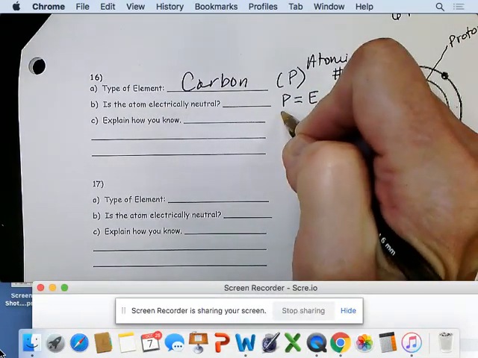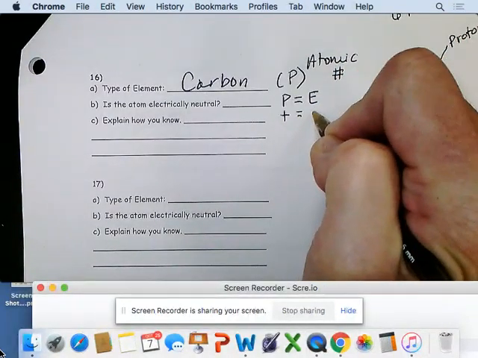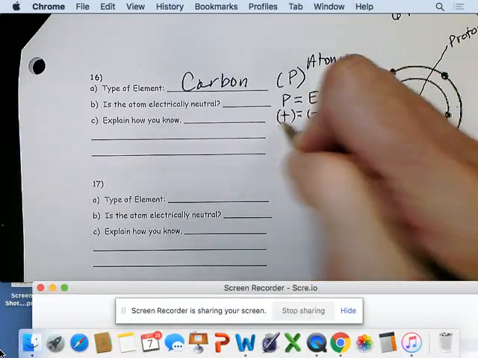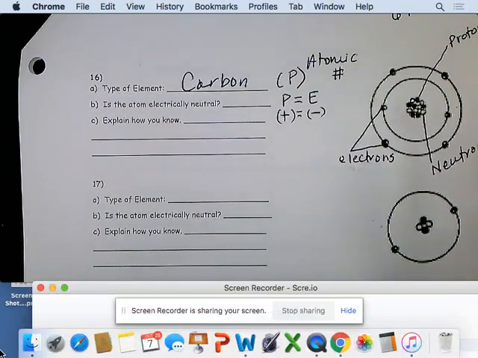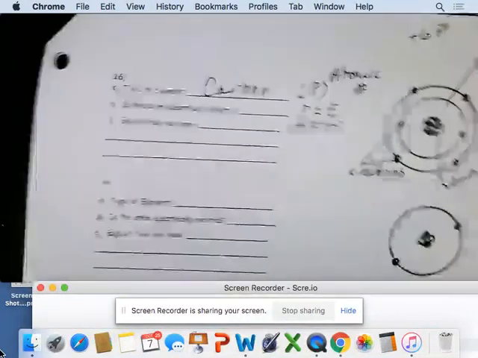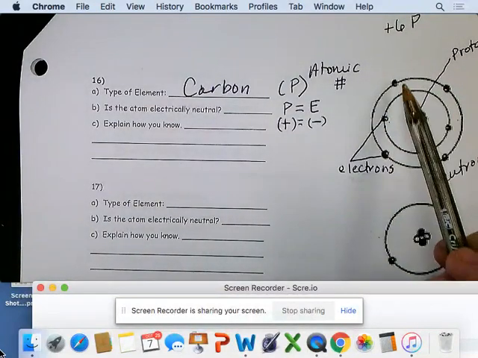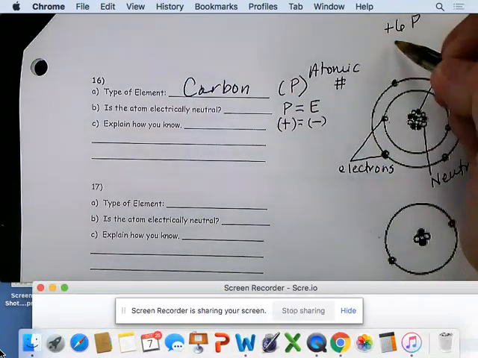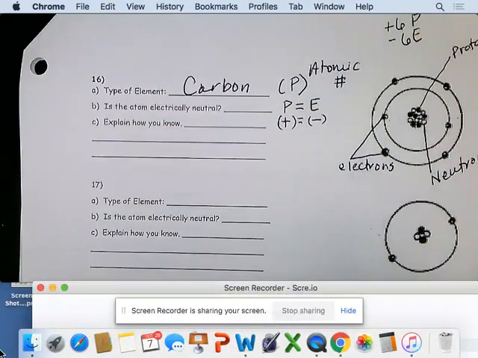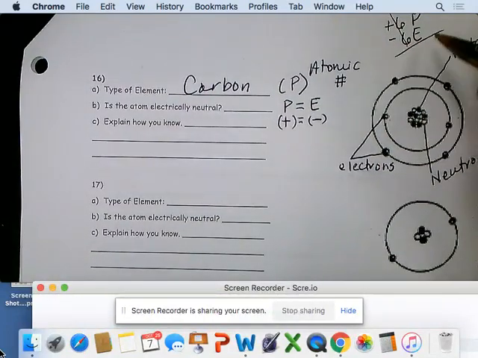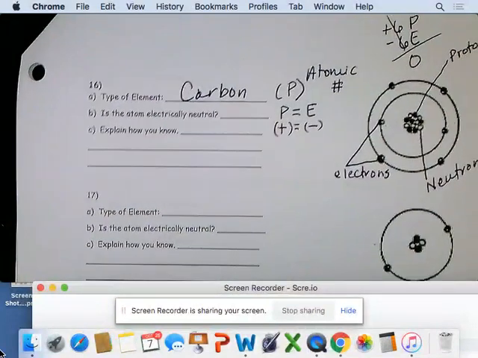If I'm neutral, my positives will equal my negatives, and they'll cancel each other out. So as stated before, we counted 6 protons, 6 positives, and now we're going to count our electrons. 1, 2, 3, 4, 5, 6. There are 6 negative electrons, so those would cancel each other out, and we would get 0 charge.